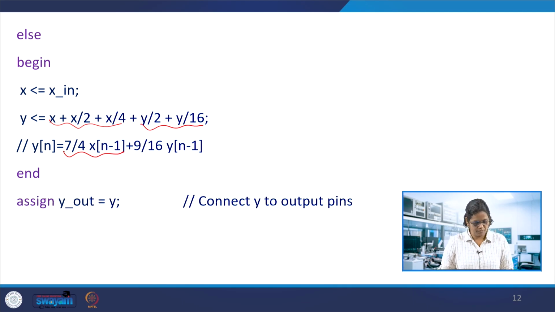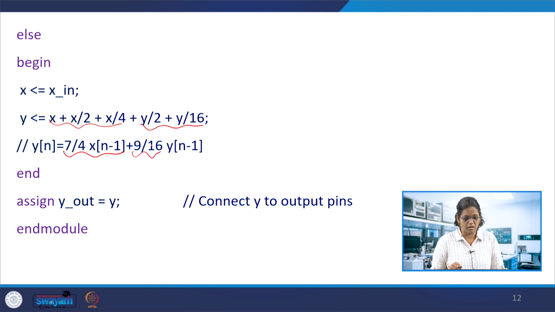And then end, assign y out equal to y, end module. This is just to show that coefficients can be written in this fashion and handled at a particular stage of n minus 1, added like this with multiple divisions, though it takes more logic elements. So by right shifting, keep on right shifting, we can get the coefficients done.